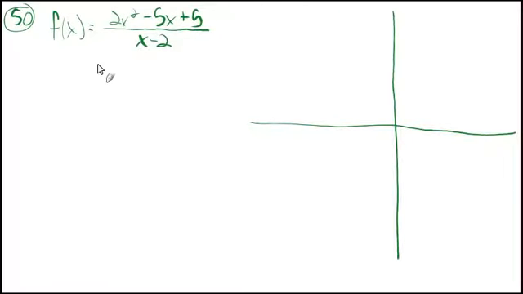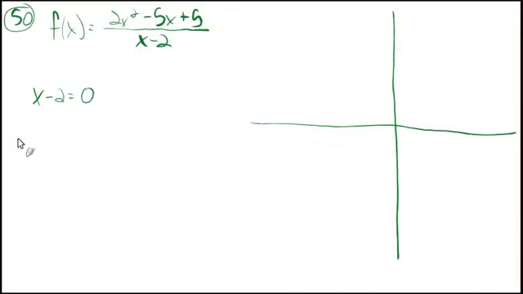Okay, again, looking at vertical asymptotes. They're only going to happen if the denominator is equal to 0, unless the numerator also has a factor of x minus 2.